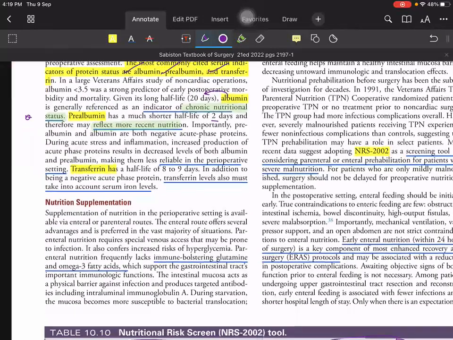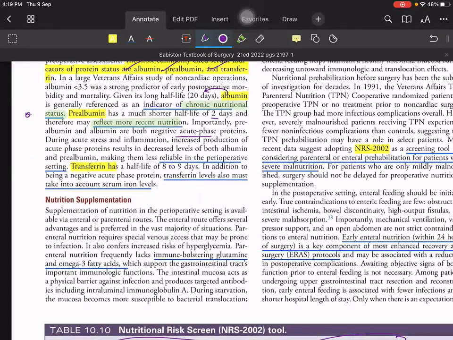But both of these are negative acute phase proteins. When there is more inflammation in the body, it results in decreased levels of both albumin and pre-albumin, thus making them less reliable. So they are very less reliable in the perioperative setting.